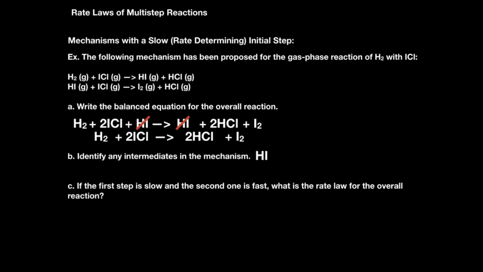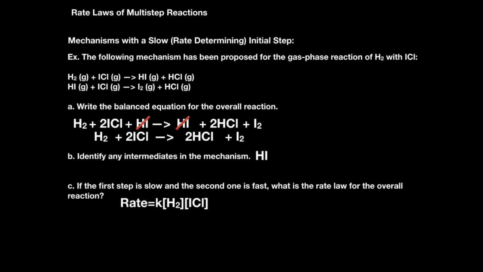So all I have to do is simply say, okay, my rate law equals k times the concentration of H2 times the concentration of ICl. Notice there are not going to be any exponents. It's first order for both H2 and ICl. And the way that I know that is because that is the stoichiometry for that slow step. If the stoichiometry for the slow step were 2 H2 plus ICl, then my rate law would have been k times the concentration of H2 squared times the concentration of ICl.